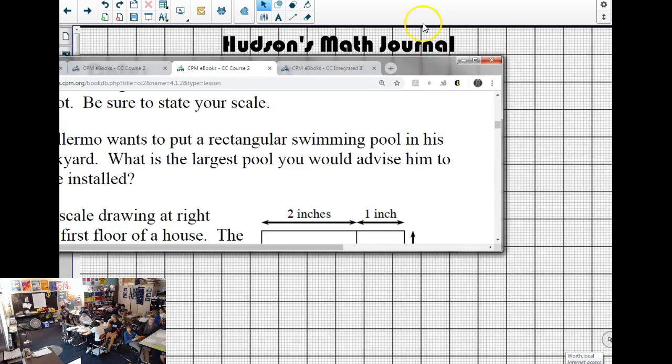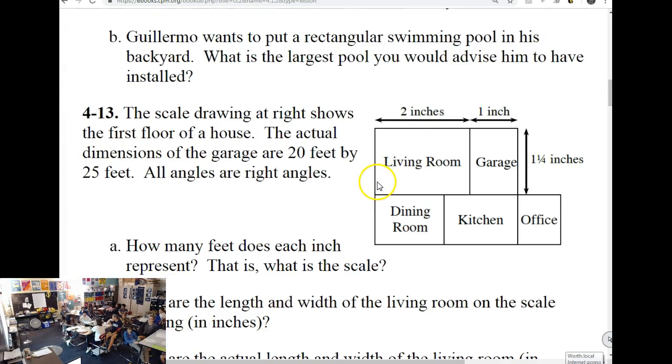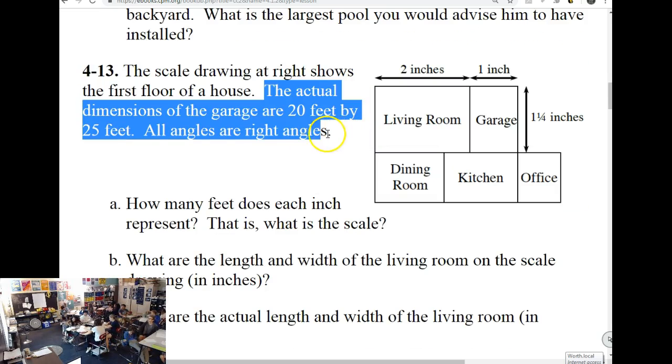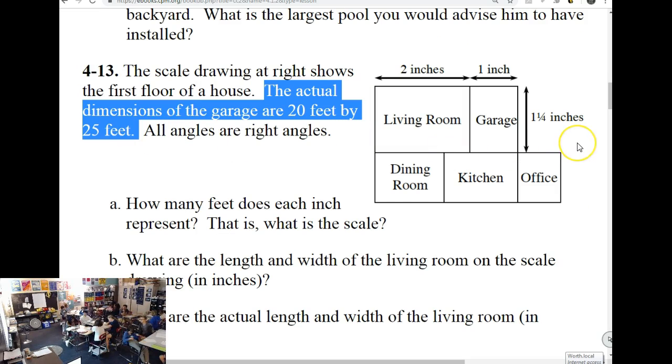All right, check this right here. What is the scale factor? Try to do this on your own. I don't even want you guys talking to each other for a moment. What is the scale factor here?